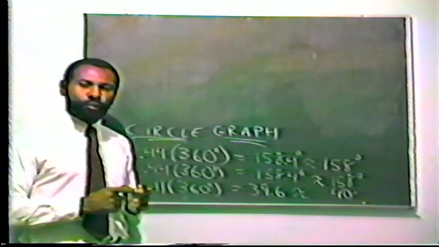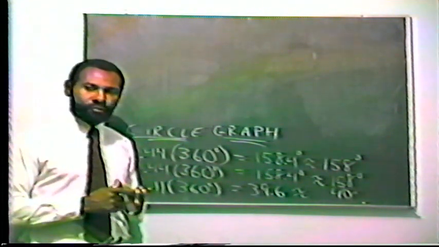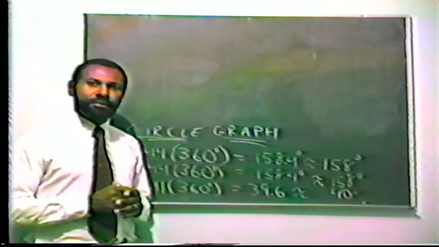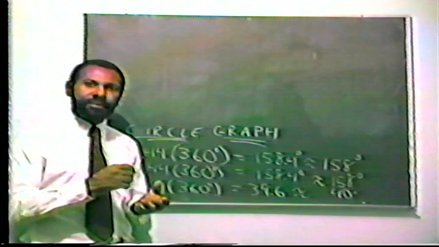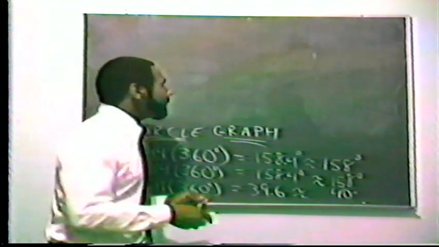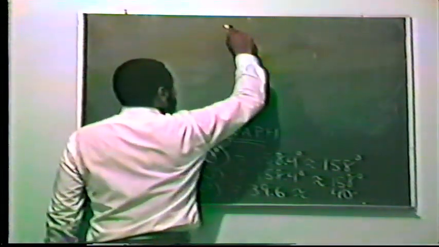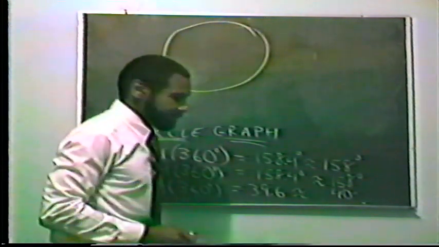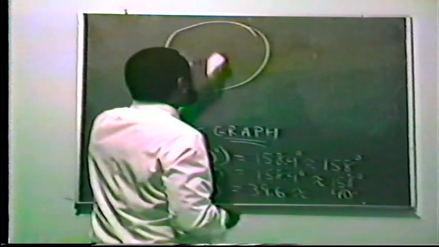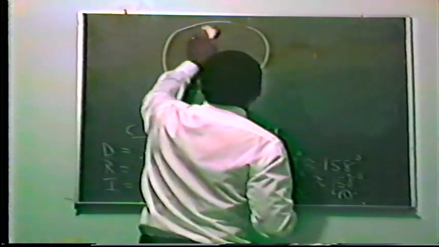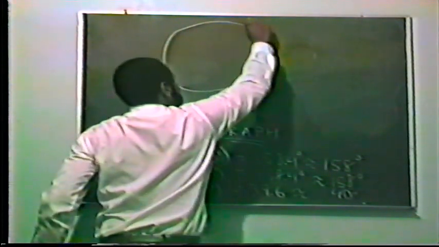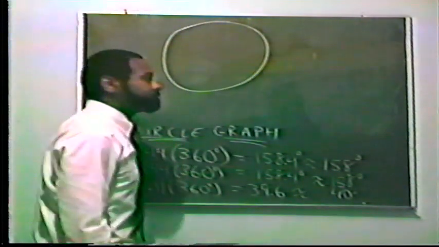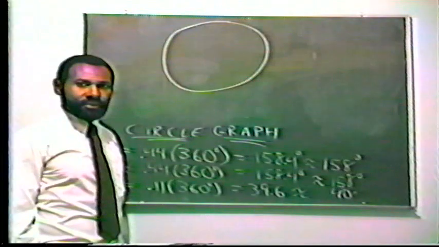Of course, the compass would be the best instrument to use, because you should get a perfectly round circle, and you can draw round circles of different sizes. So we take out a compass, and we draw a nice round circle. Of course I'm not using a compass here, so my circle is not exactly round. But that's the idea. We draw a nice round circle.